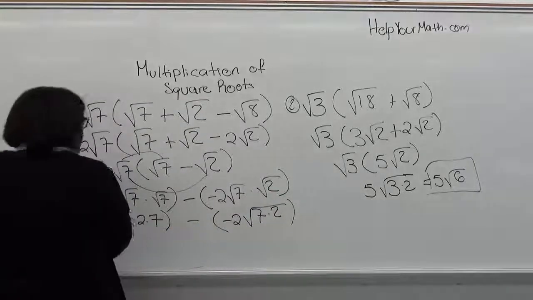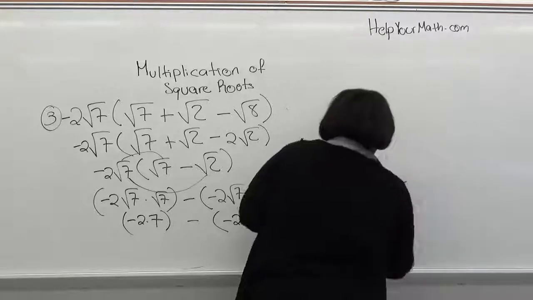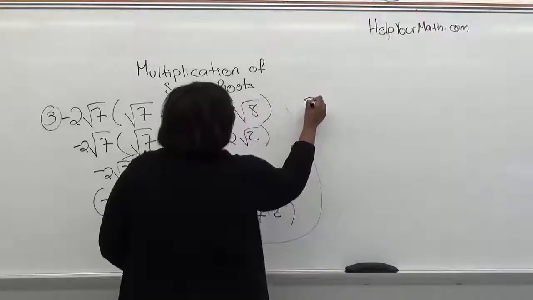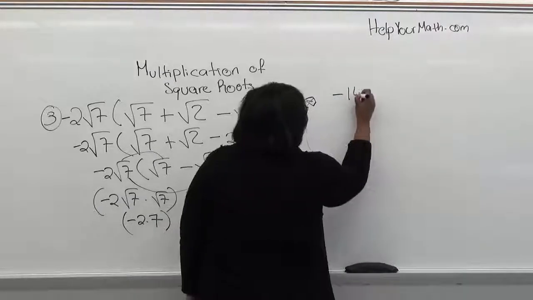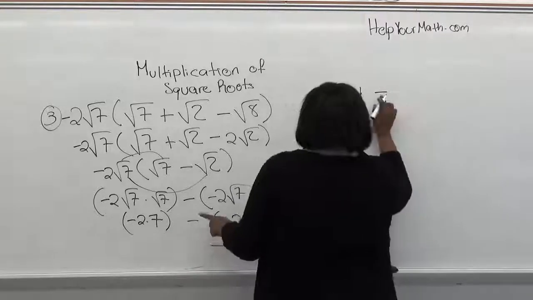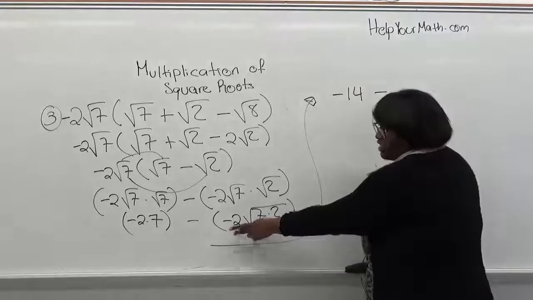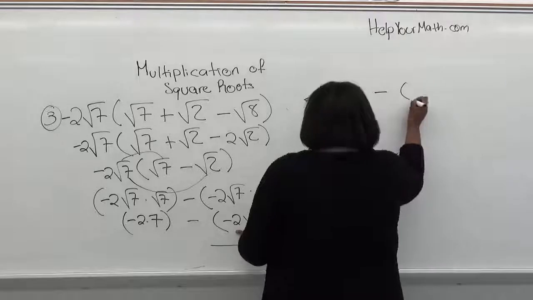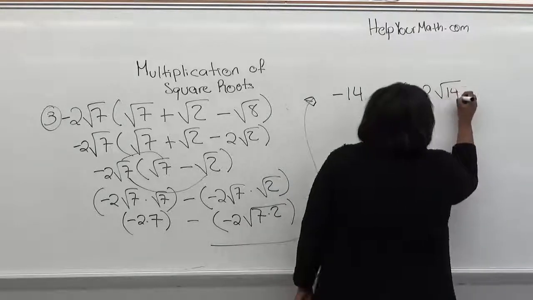So now, finally, over here, this would be negative 14 minus, let's keep the minus and keep our parentheses because we are dealing with a negative. We don't want to mix them up, so let's keep our parentheses and put negative 2 the square root of 14.